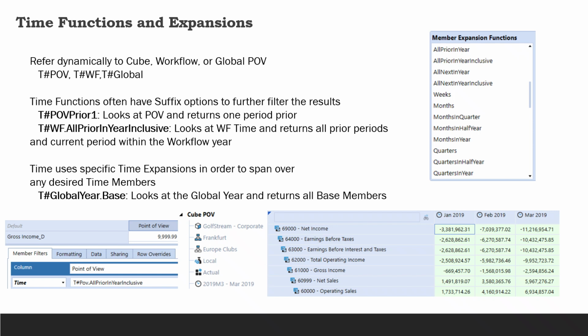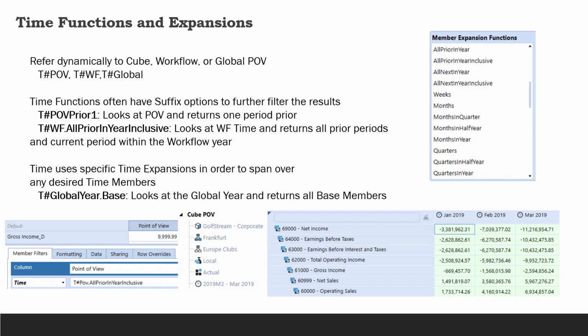Now, time functions often have suffix options for further filtering the result. For example, this one, T hash POV prior one. What it does is look at the POV, whatever it is set, and then it returns one period prior to that POV.